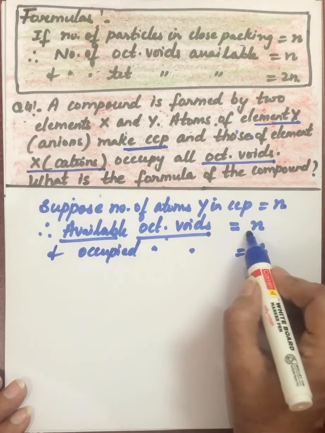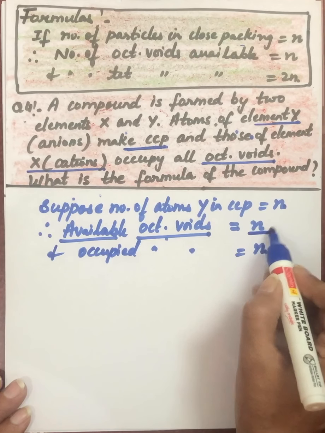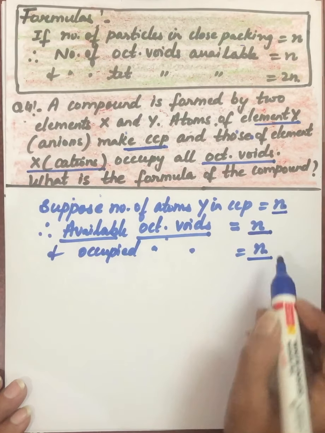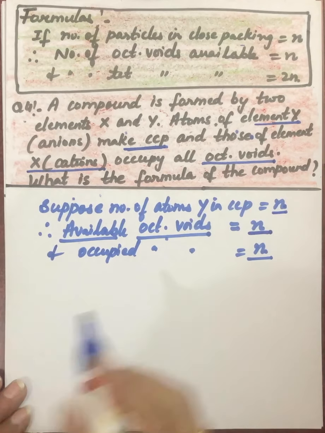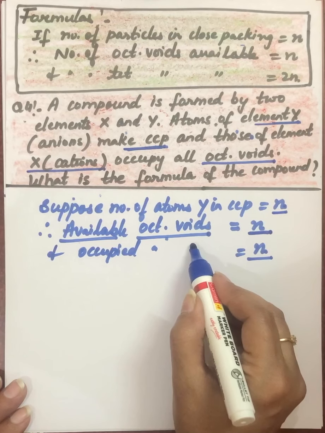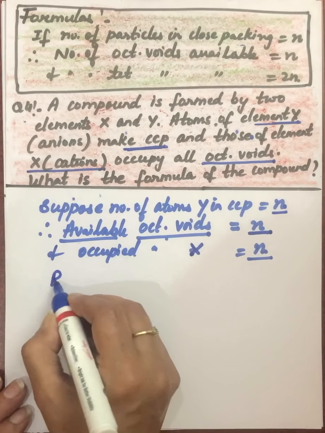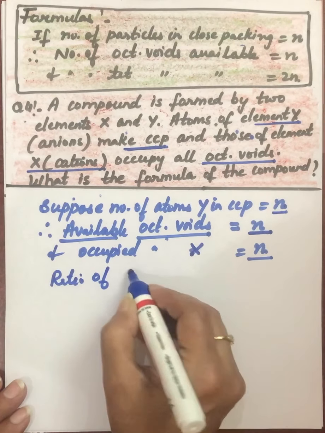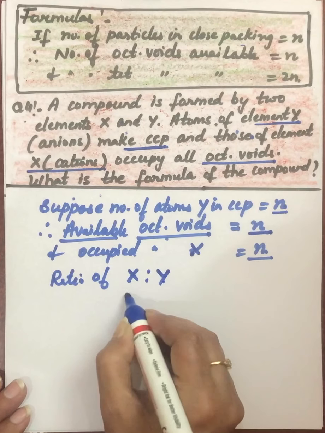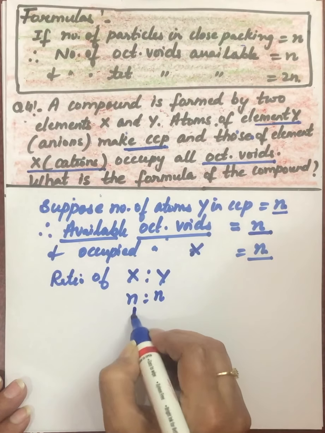So we have n particles in the CCP arrangement and n particles in the octahedral voids. Which particles are in octahedral voids? These are X particles, which are cations. Ratio of X to Y: this is n, this is also n, that means 1:1.